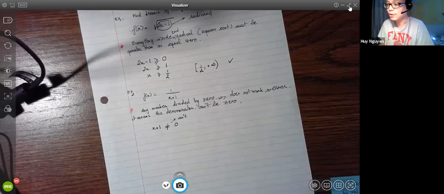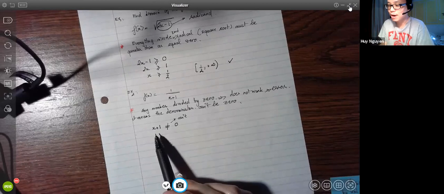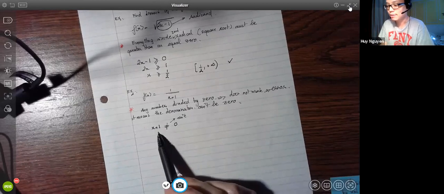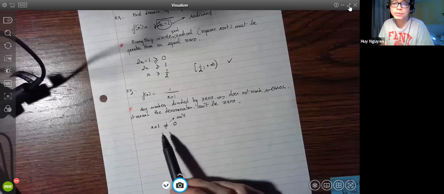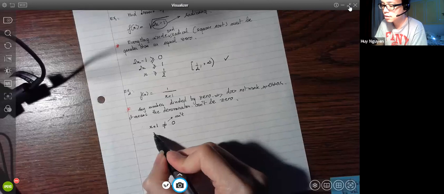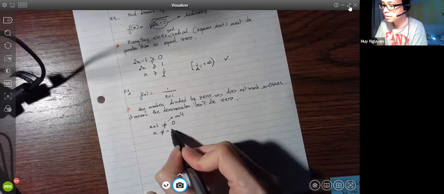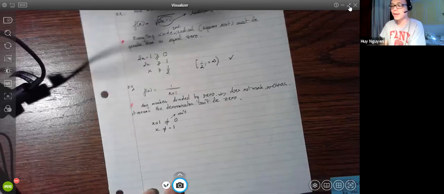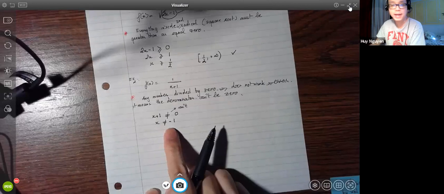Or sometimes we can translate this into a different form. I mean, the bottom denominator can't be 0. So you're going to treat it the same way as an equal sign, and I'm going to solve for that. I subtract both sides by 1. So we have here x can't be negative 1.